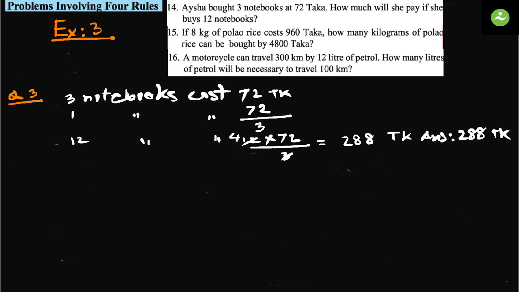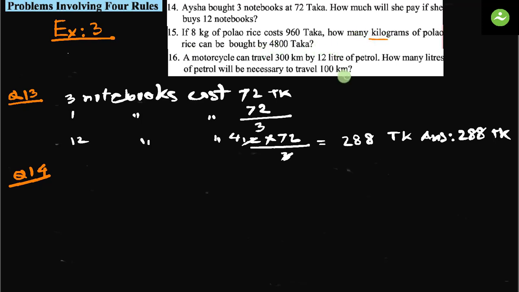Question number 14, sorry, this was 13, this is 14. 8 kg of pulao rice cost 960 taka. How many kilograms of pulao rice can be bought by 4,800 taka? So what do we have to find?